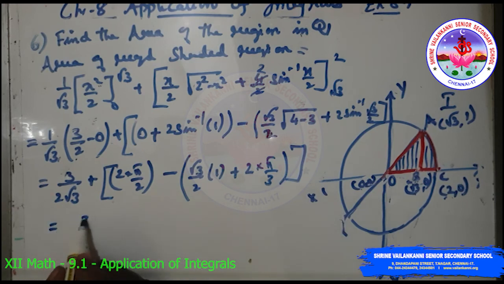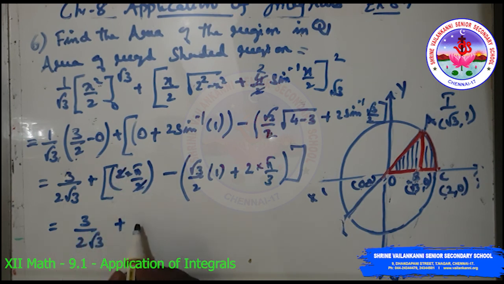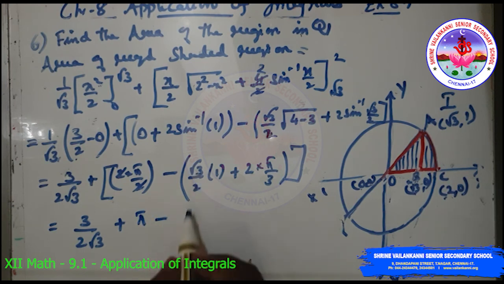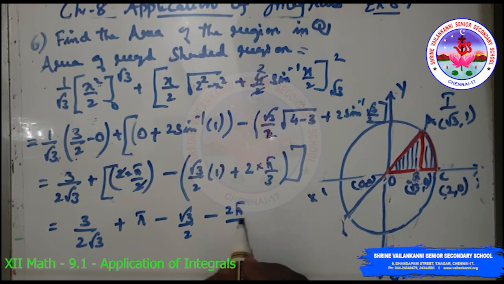So which is equal to 3 by 2 root 3 plus, 2 and 2 get cancelled, pi minus root 3 by 2 minus 2 pi by 3. So taking LCM, pi minus 2 pi by 3, so 3 pi minus 2 pi by 3, which is pi by 3.